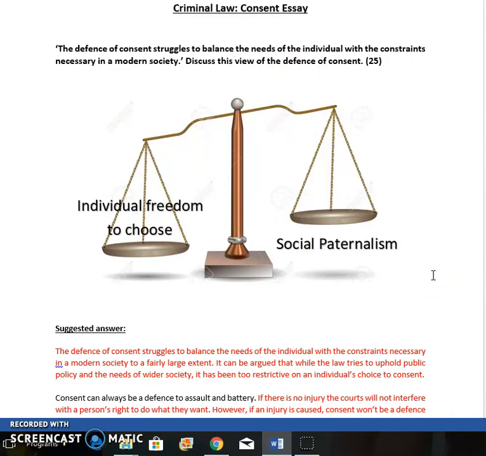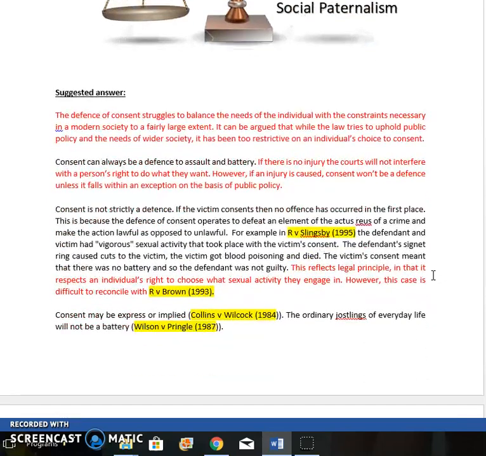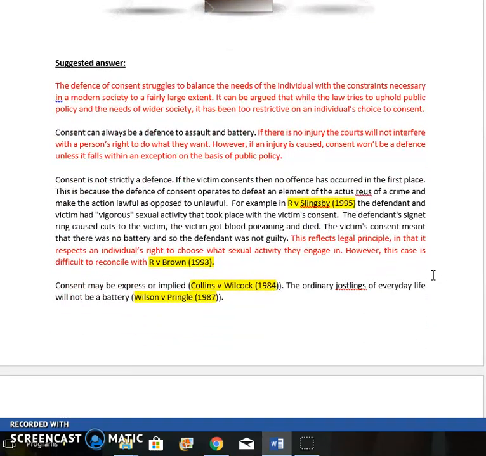So if we scroll down to my suggested answer, as usual, my AO1 comments are in black font and my AO2 are in red font, and my cases I've highlighted for you.